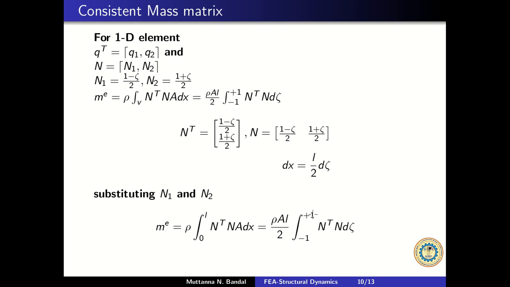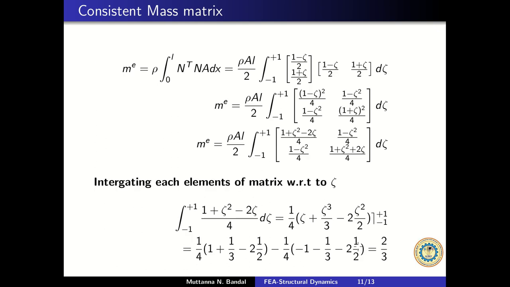Now wherever the shape functions are there, substitute with the corresponding matrices like this. After we substitute here, you can multiply the row and the column.